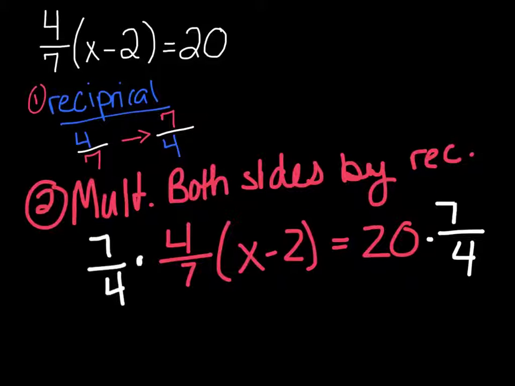Okay, I'm going to flip slides real quick and rewrite this, so give me a second. What was it? 7 over 4 times the quantity x minus 2 equals 20.